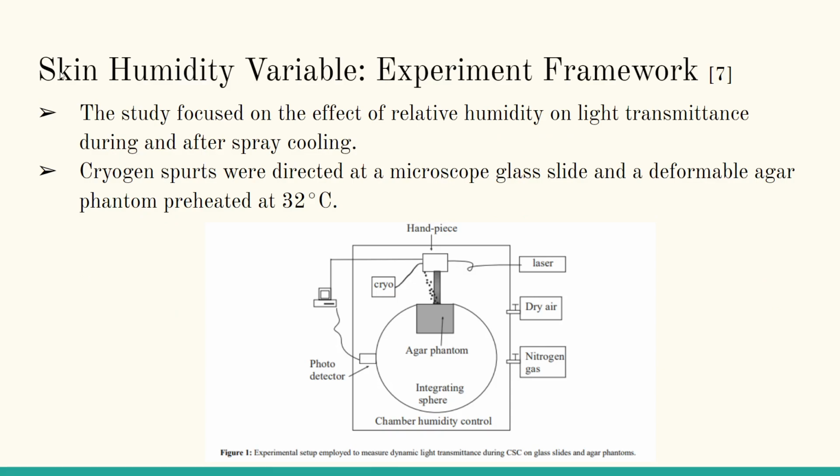The second study took care of skin humidity, in which they had this setting right here. Instead of using human skin, they used an agar phantom, which is a skin mimic, really used in the research area where you try to not use any animal or human subjects in the experimentation. So they had cryogen spurts being shot at the agar phantom and then a laser on top, and then they're measuring the transmittance.